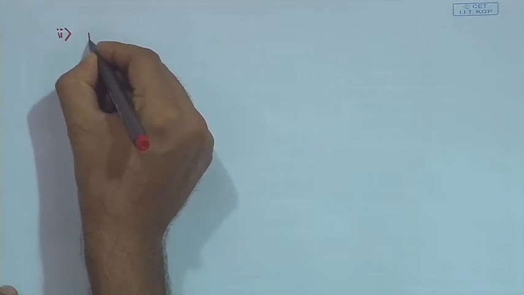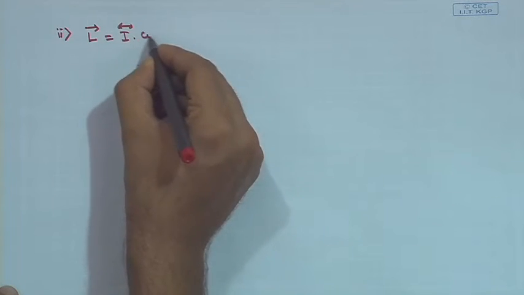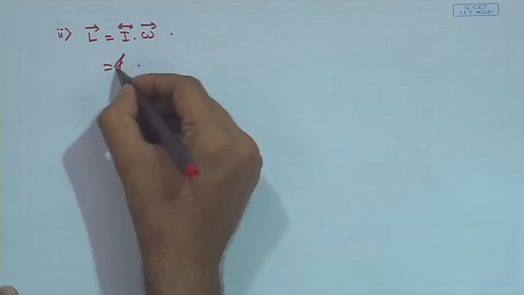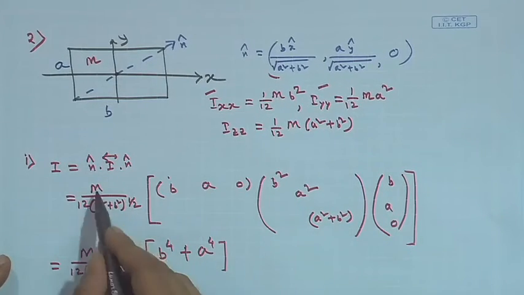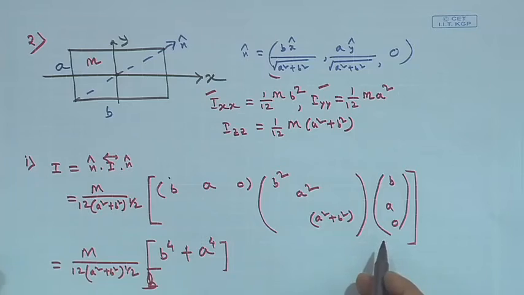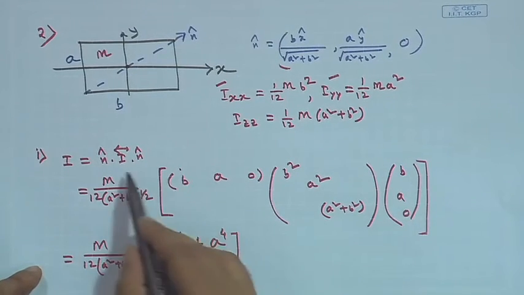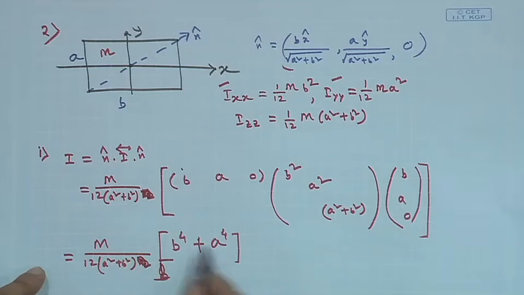Now the answer to part 2 is where we have to find L. Okay, and we know that L is equal to I tensor times omega once again. So once again I is given by this tensor multiplied by the m by 12 prefactor, right, and omega is given by this vector multiplied by this prefactor. Actually there is a mistake. Because n is coming twice in this expression, the power half will vanish and we will have simply this, right.